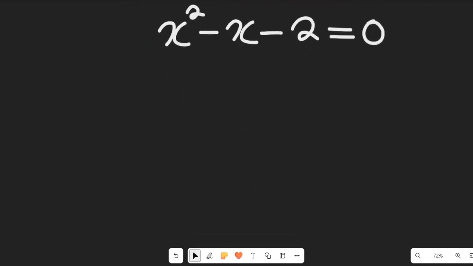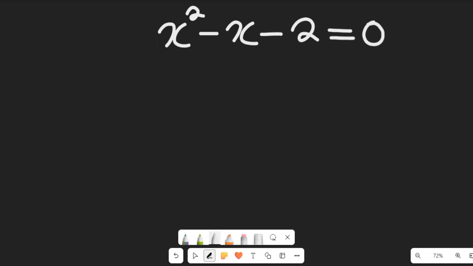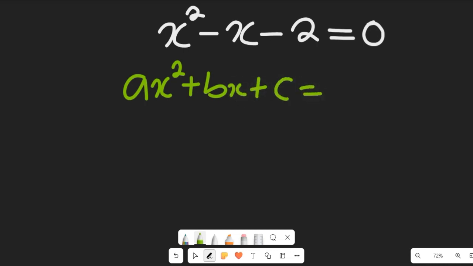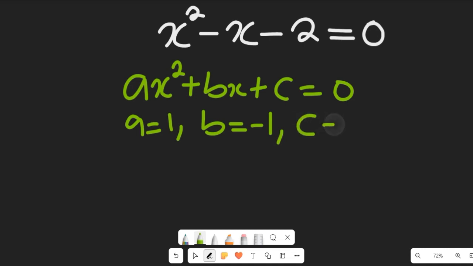Great. A quadratic equation. So what do we do from here? We're going to simplify using the quadratic formula. Comparing this to ax squared plus bx plus c equal to 0, you see that our a is equal to 1, our b is equal to negative 1, and our c is equal to negative 2.